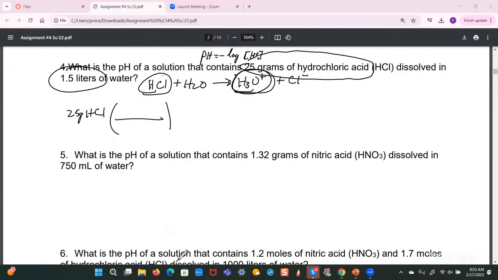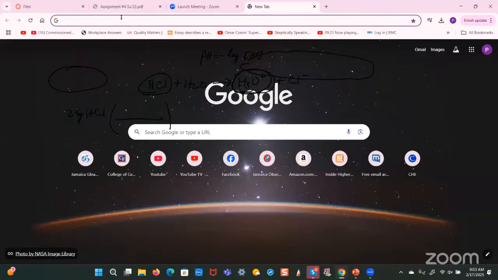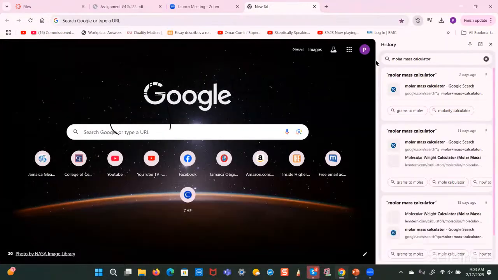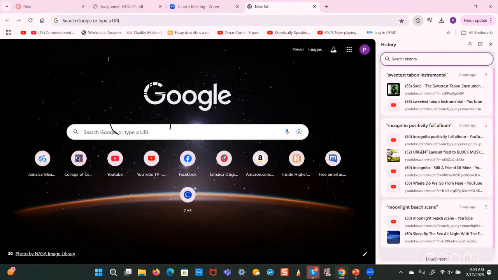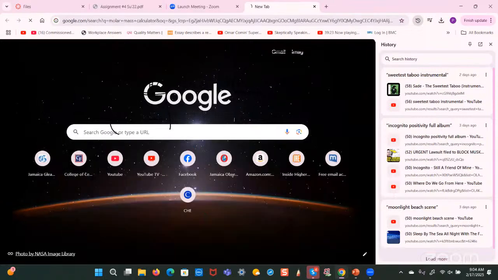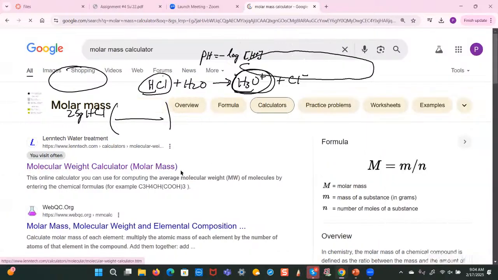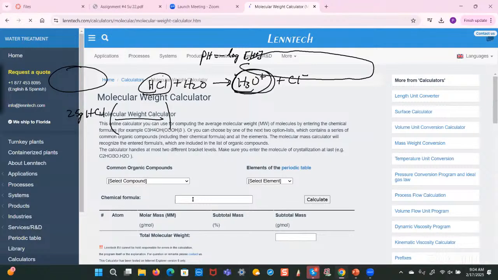So again, because I'm lazy, I'm going to go to my trusty old molar mass calculator. HCl.